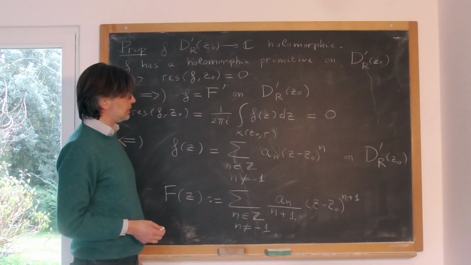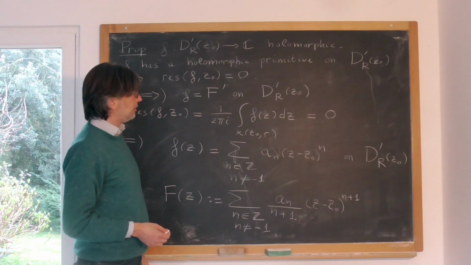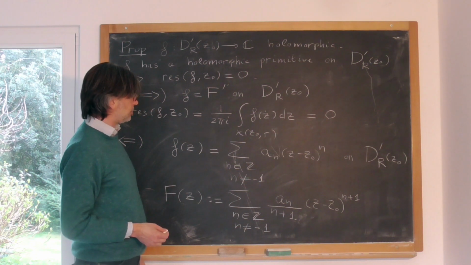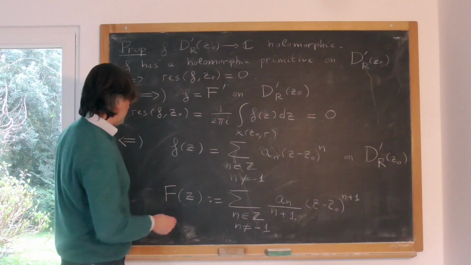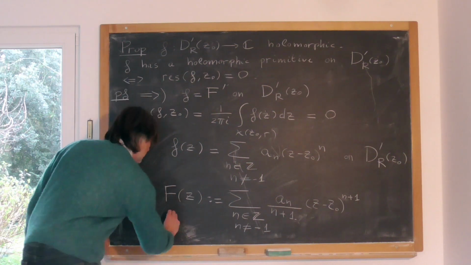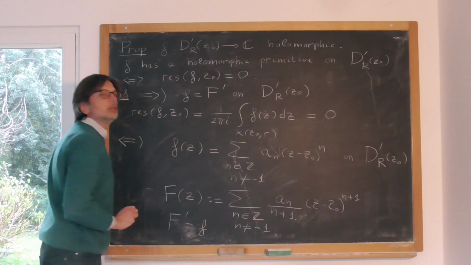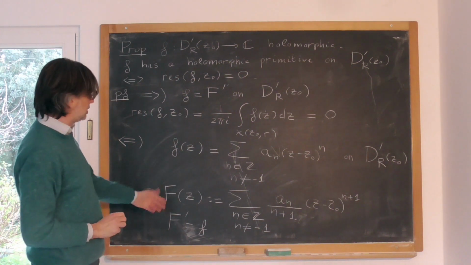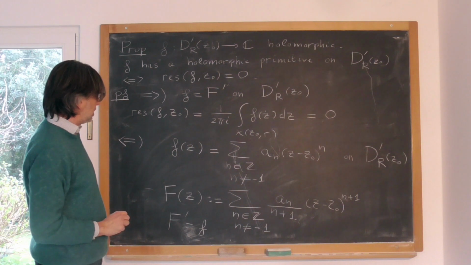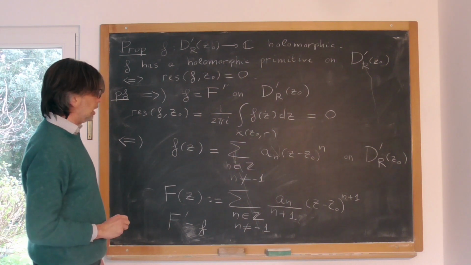And moreover, if you differentiate big F, you obtain exactly small f. So this is the desired primitive of small f.